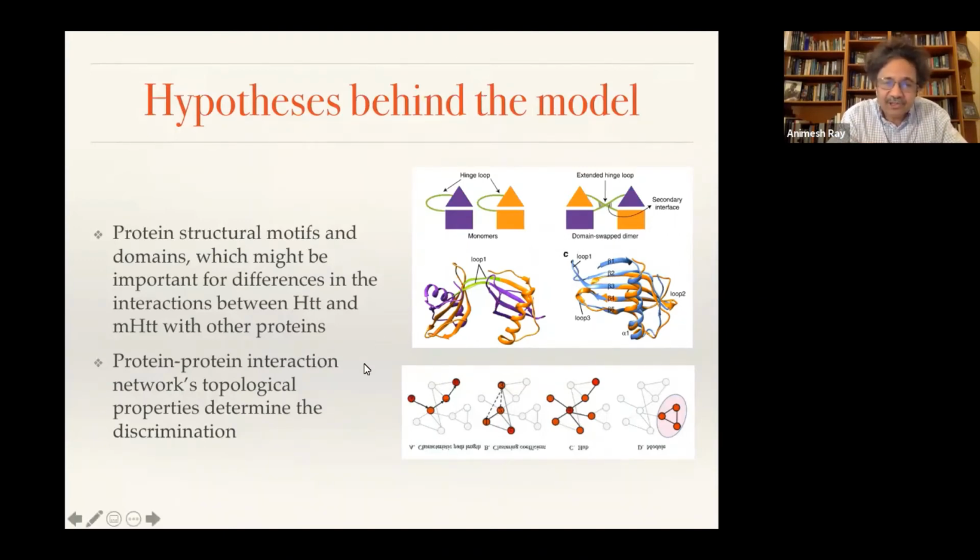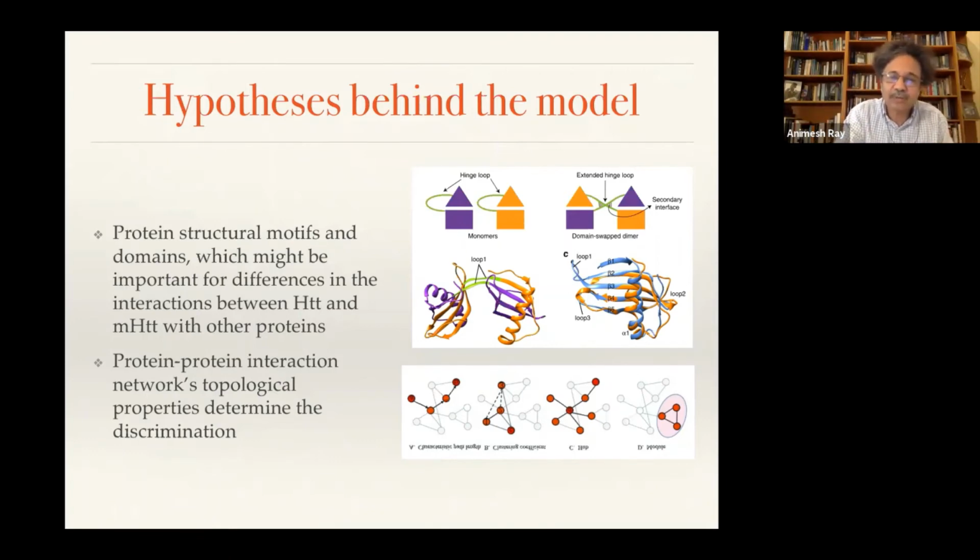And the second hypothesis, and this is not obvious, is that how the whole network of proteins interact with one another, the abstract topological properties associated with each member as a membership of the entire network, may teach us something about the property by which these genetic modifiers might interact with the mutant Huntington's disease protein.